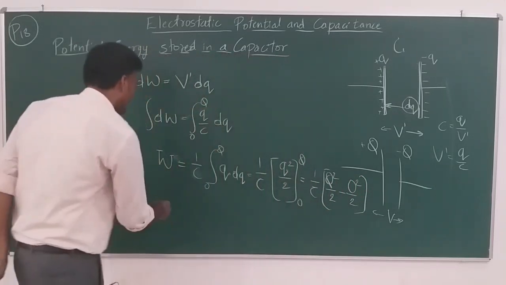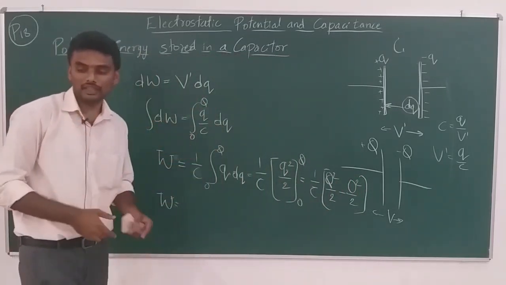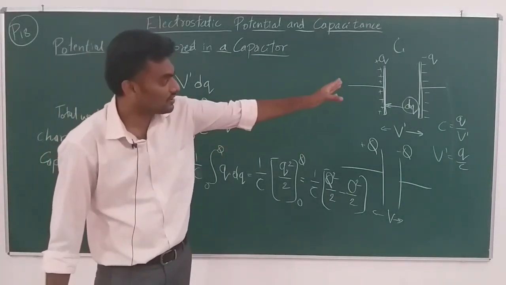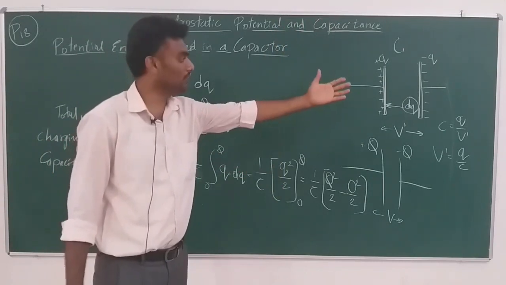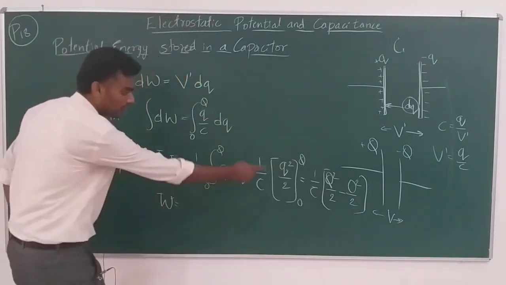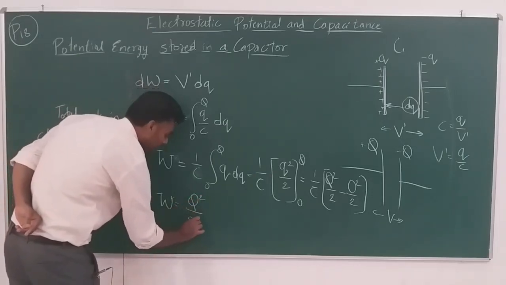So finally we have the expression for the total amount of work that we need to do in order to bring the complete charge from 0 to capital Q, from one plate to the other plate. This total amount of work is equal to Q squared by 2C.